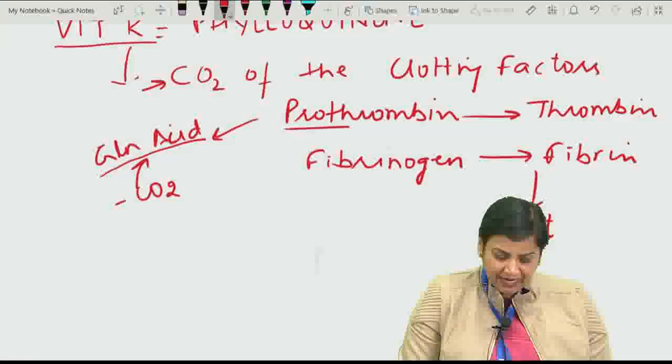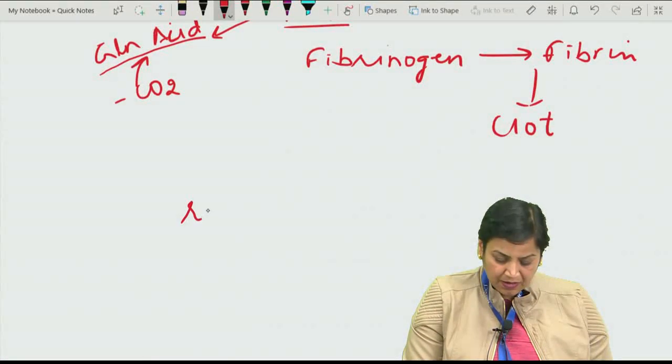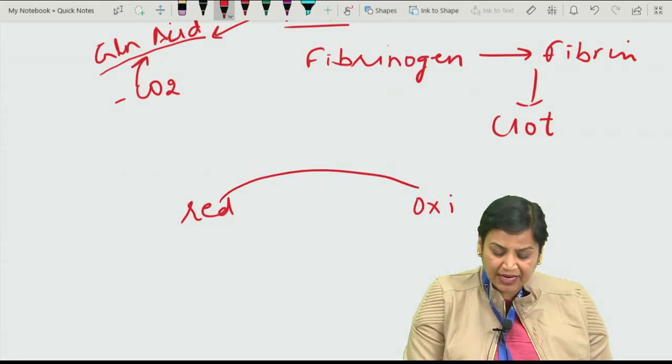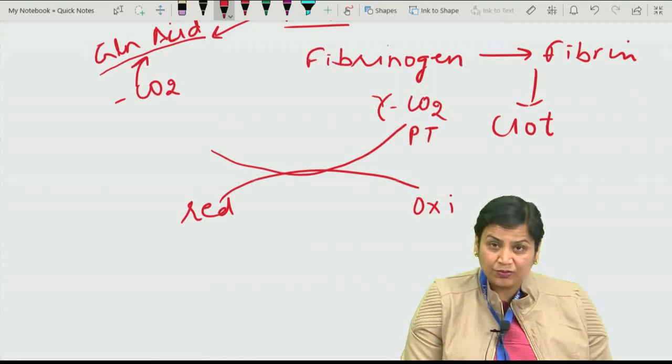This is basically one cycle. What happens is, vitamin K in its reduced form is converted to its oxidized form, and there is gamma carboxylation of the prothrombin residue.